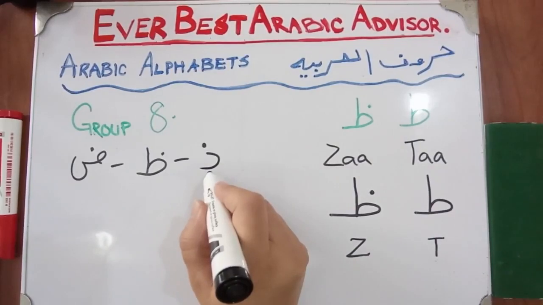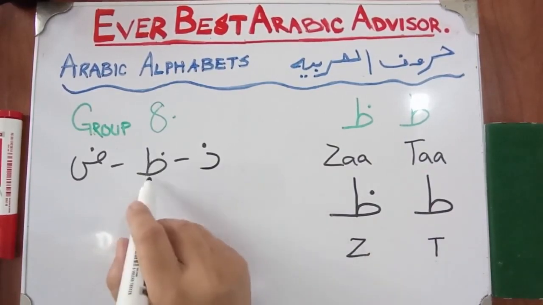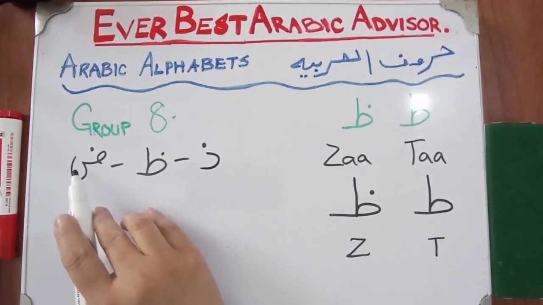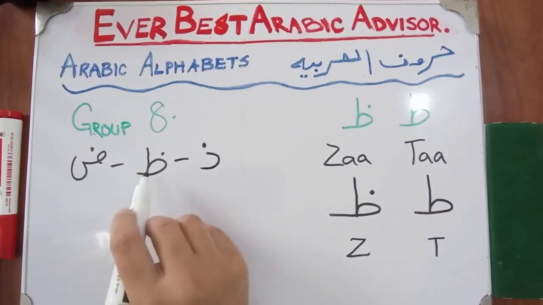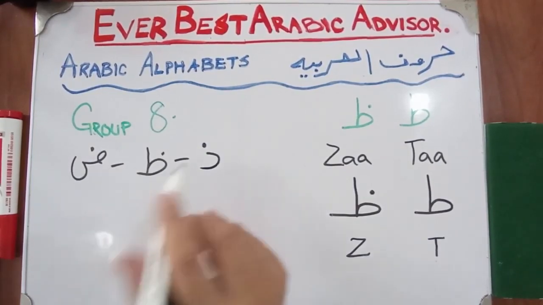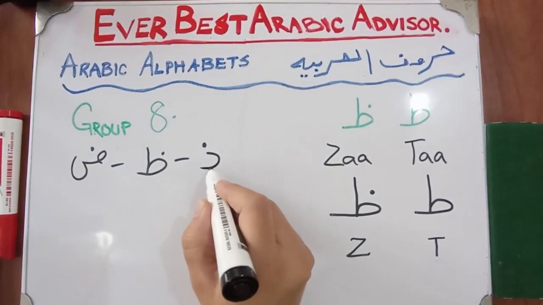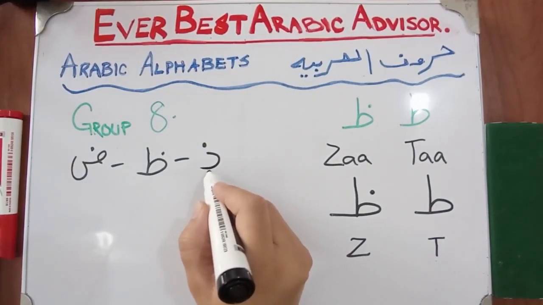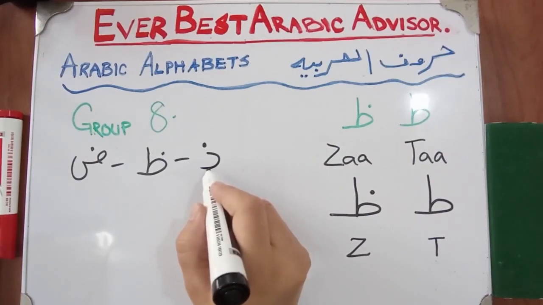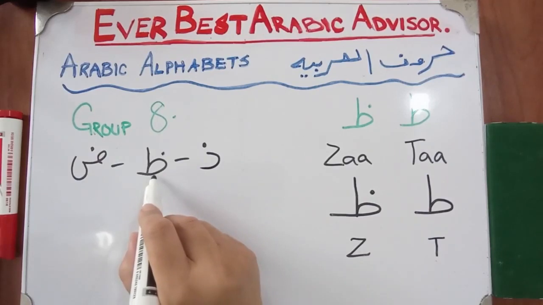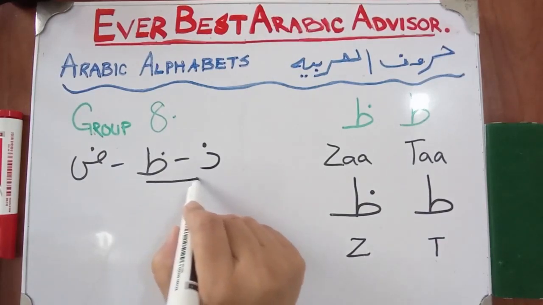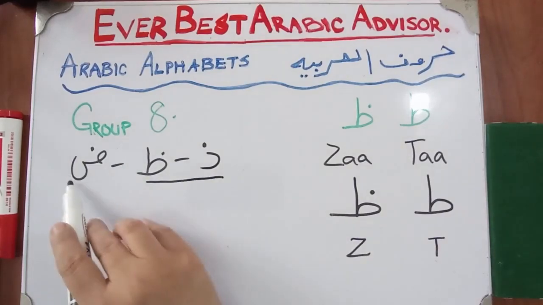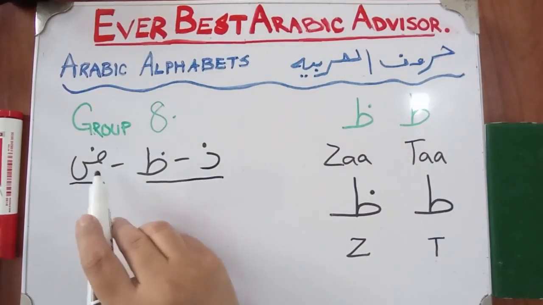Zal is one of the light letters, but Zo and Zod are heavy letters. Zal is pronounced from the tip of the tongue with the lower side of the incisor. The Zo has the same articulation point. Both have the same articulation point. But the articulation point of Zod is changed.